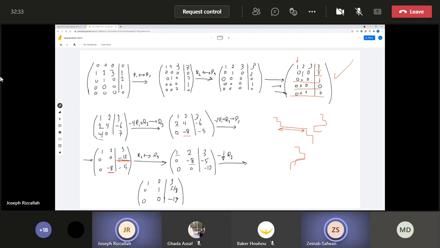Yeah, if you want to, but as I said already, there is no need to do so because the system is inconsistent, and what you are looking for is a solution, and you already see that there is no solution, so it doesn't make any sense to. If this -12 was here instead, then yeah, I would do what you said. But since I see that the system is inconsistent, it makes no sense to proceed further with this row echelon form. It's already inconsistent.